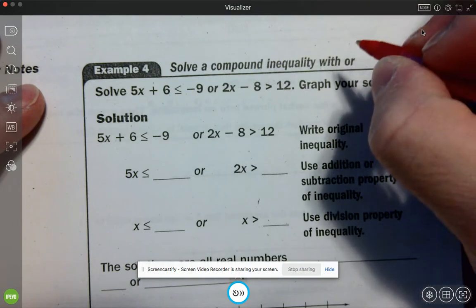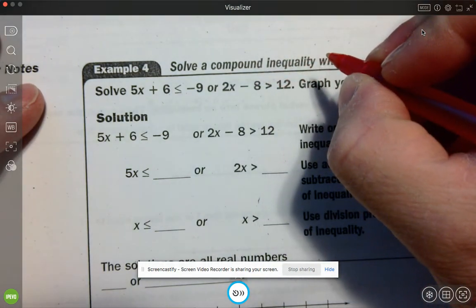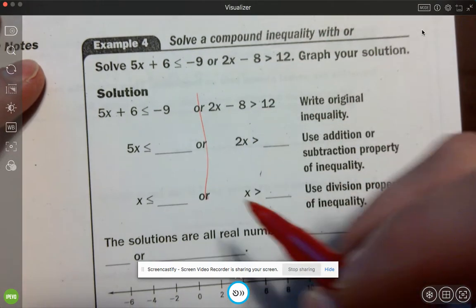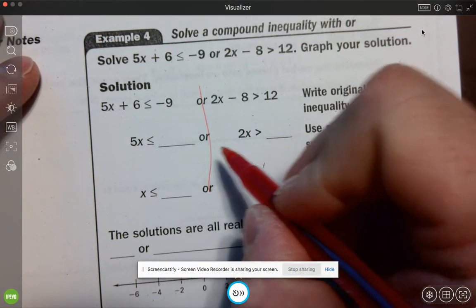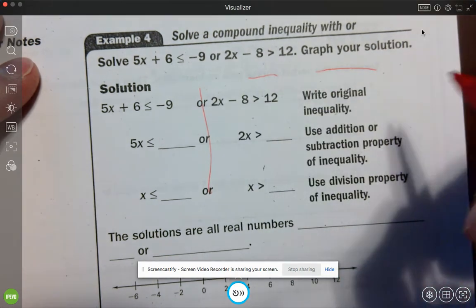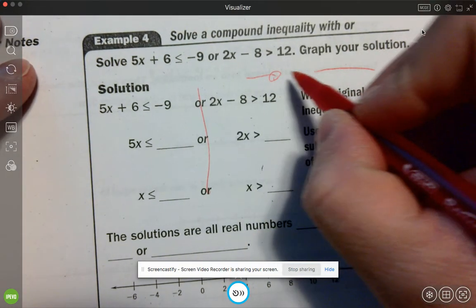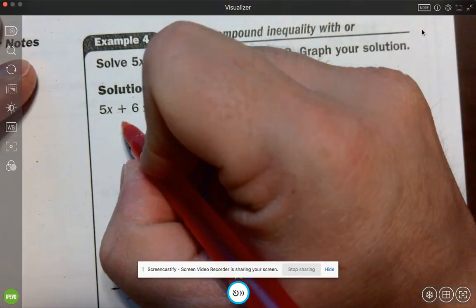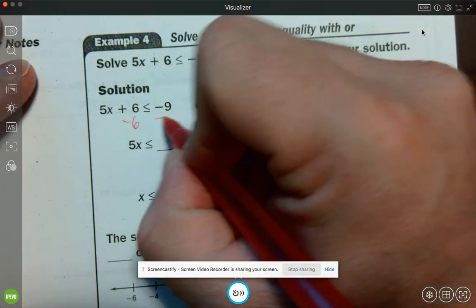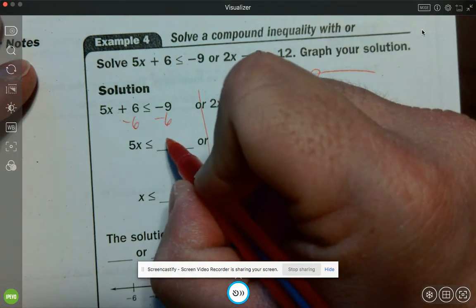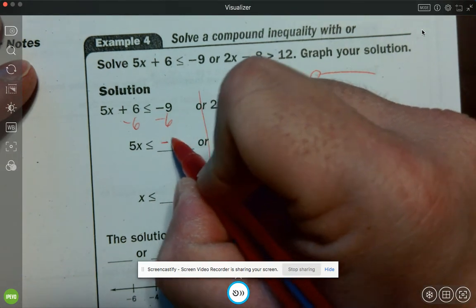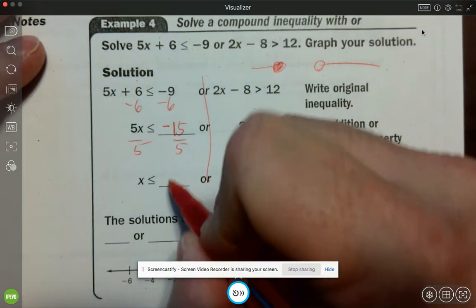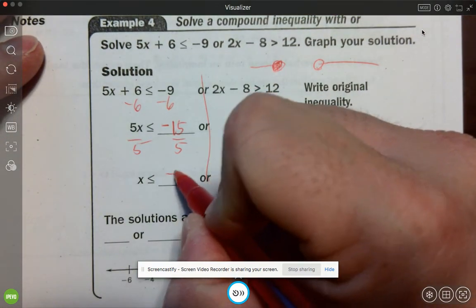Number 4, and then we have some checkpoints for you to try. The first thing we do, it's an or, so they literally split up into two separate equations. We know we're looking for some type of split. It looks like this one's going to be closed and this one will be open. Here, we subtract 6 on both sides. 5x is less than or equal to -15. Divide by 5, and x is less than or equal to -3.